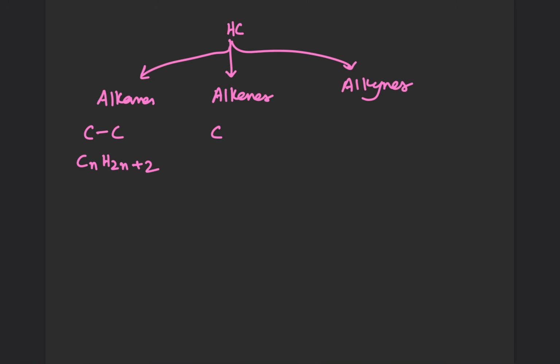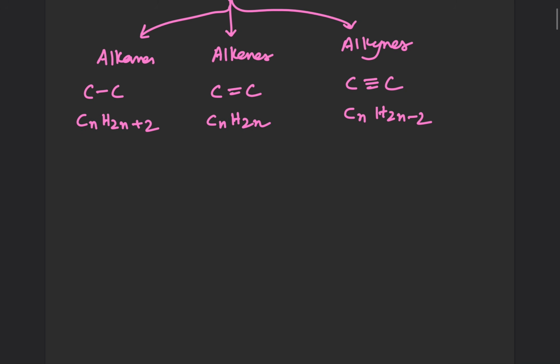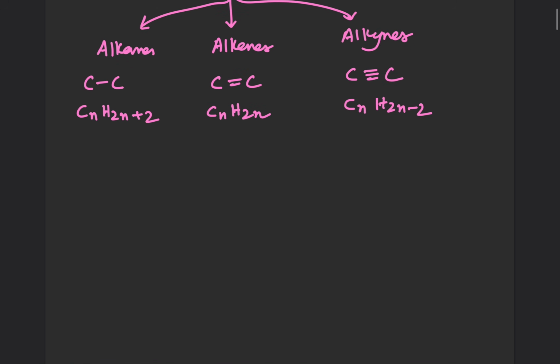Alkenes consist of C=C double bonds and they have the general formula CnH2n. Alkynes consist of C≡C triple bonds and they have the general formula CnH2n-2.